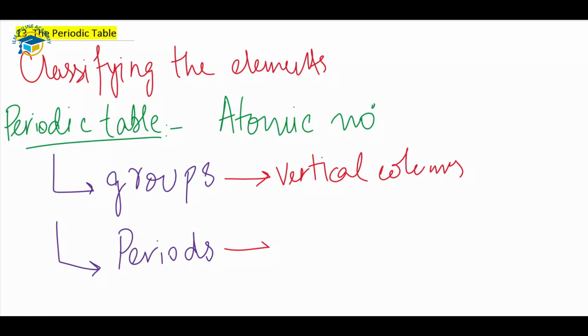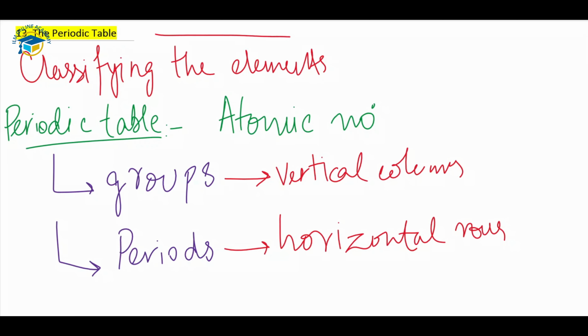And periods are the horizontal rows that are present in a periodic table. So this is about the periodic table. We have elements, we have groups, we have periods in our periodic table, and all the modern versions of the periodic table are based upon the table that was proposed by Mendeleev.